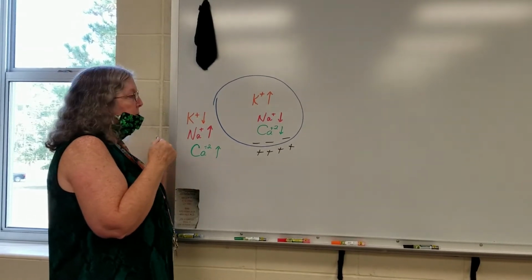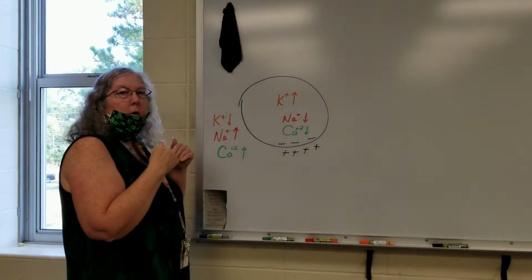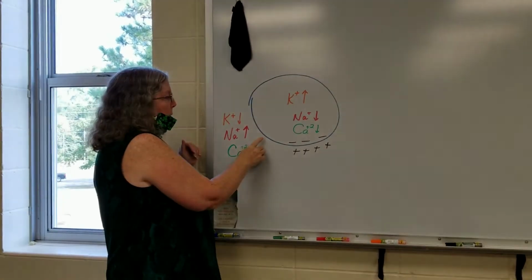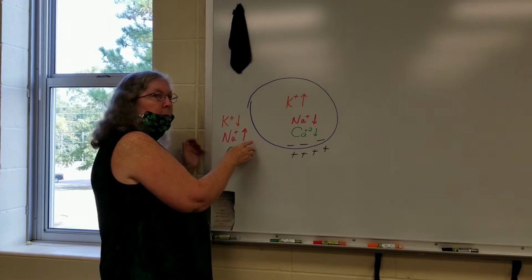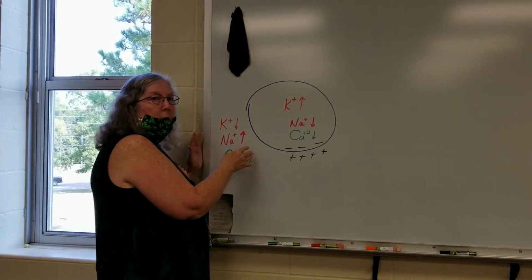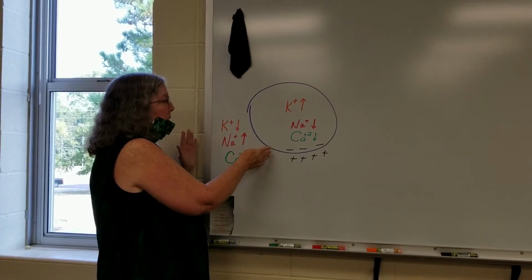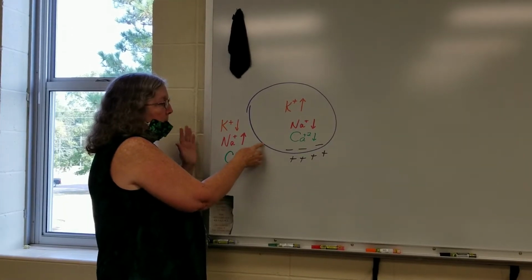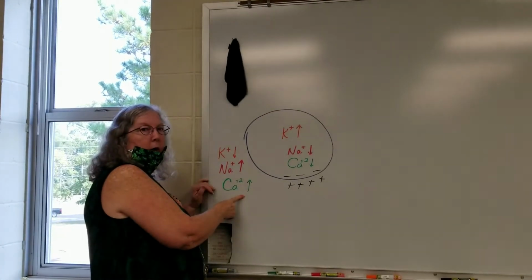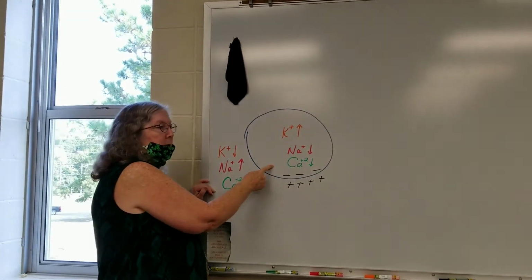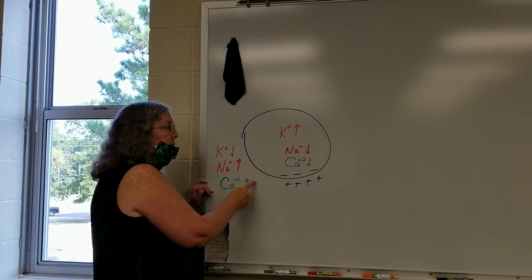So oftentimes we have these ion gates that will open up in the plasma membrane. Some of them are very specific for which ion can pass through. So let's just say we open up a calcium ion gate. If we open a gate and calcium's higher outside the cell than inside, by diffusion, it's going to want to flow in.